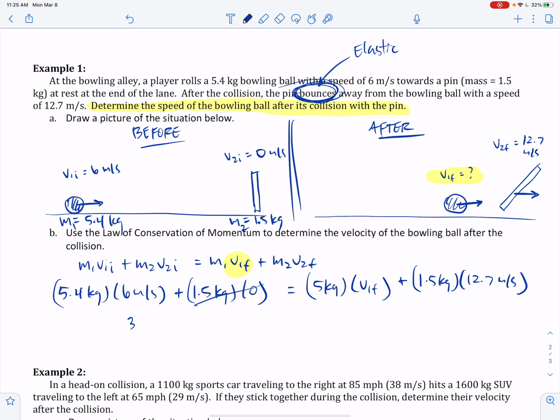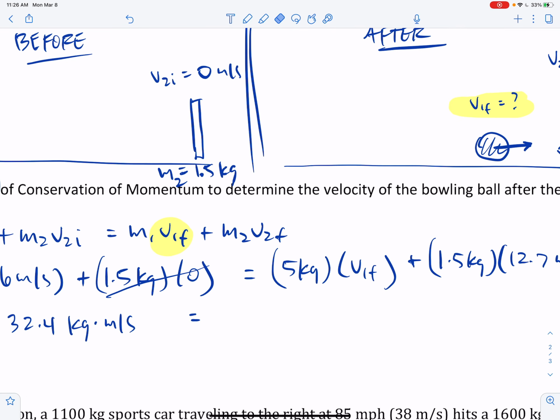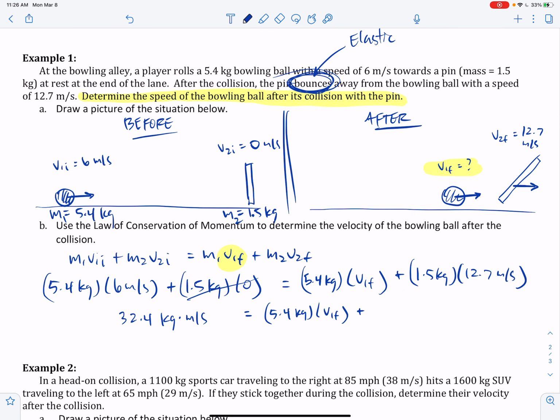Okay, so on the left side, we get 32.4 kilogram meters per second of momentum. On the right side, we're going to get, my mistake, I think I made a copy error here. This is 5.4 kilograms. So 5.4 kilograms times the final velocity of the bowling ball plus the momentum of the pin after the collision, which is going to be 19.05 kilogram meters per second.